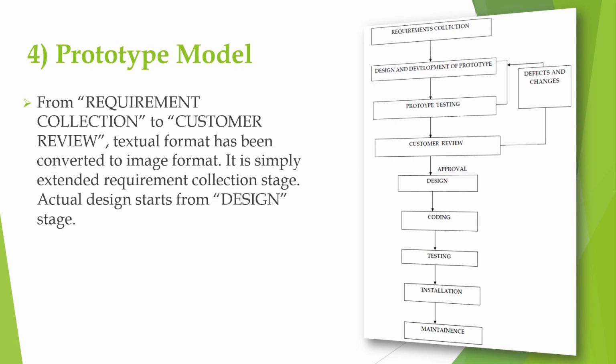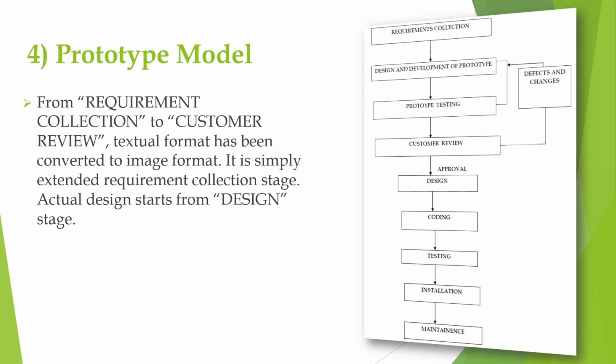Whenever the customer gives the requirement, the business analyst will go to the customer, discuss with him, and gather all the requirements in textual format. Then he will send those requirements to the development team. The development team will start designing and developing the prototype of the product. Once the prototype is ready, they will send it to the testing team to test it.